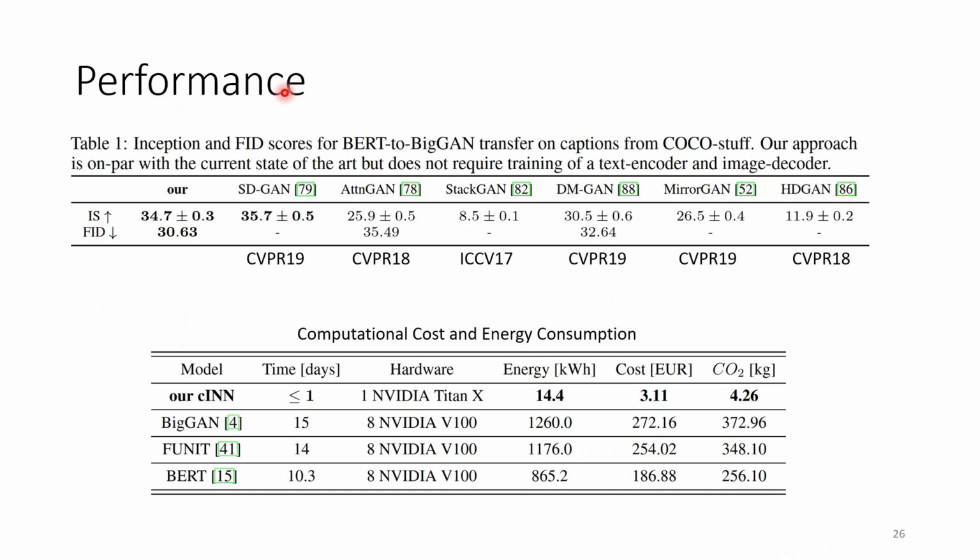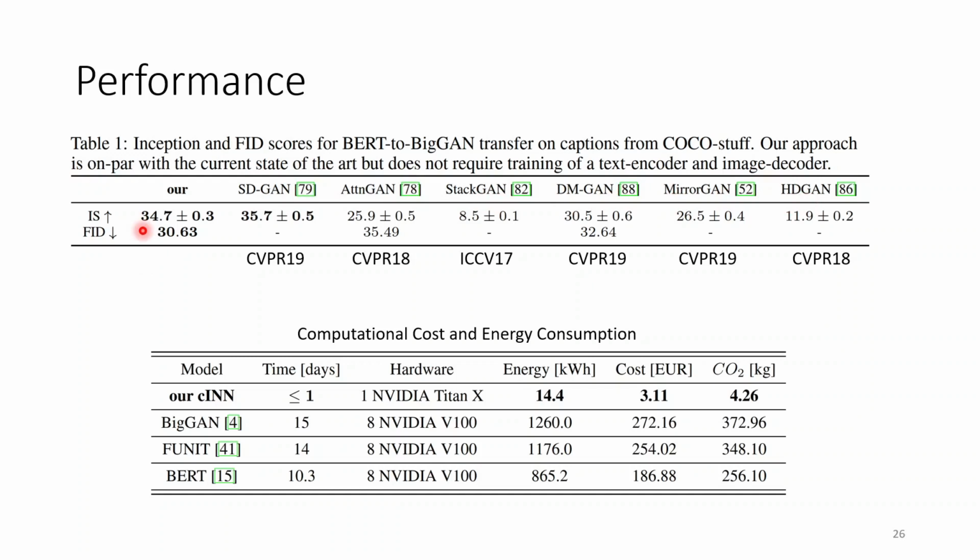In addition to the qualitative comparison, they also show some quantitative comparison. There is a dataset called COCO, and in COCO every image has a caption. The caption describes the image content. There are some existing text to image methods: SDGAN, AttnGAN, StackGAN, DM-GAN, MirrorGAN, HDGAN.